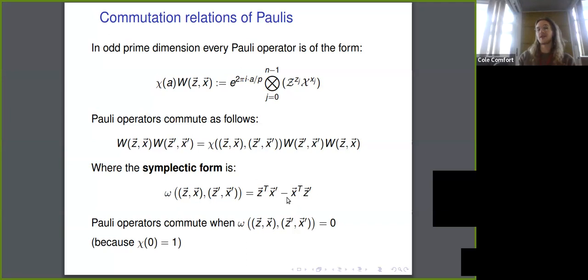Pauli operators are said to commute when no phase appears. Here that means that when you evaluate this symplectic form on the two vectors corresponding to the Pauli strings, it is equal to 0, because e to the power of 0 is just the identity. So it does commute in just the normal sense of what it means for something to commute.